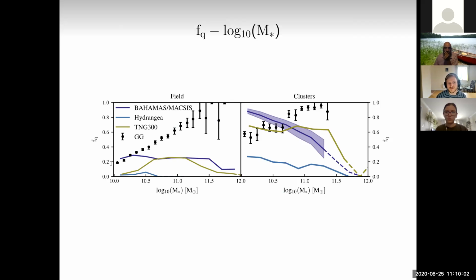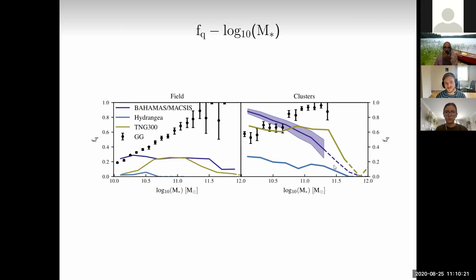Simulations seem to produce a very flat curve that doesn't scale with stellar mass. And we see this, to some extent, at redshift 0 as well, but it does turn up a bit, maybe not quite enough in the field.